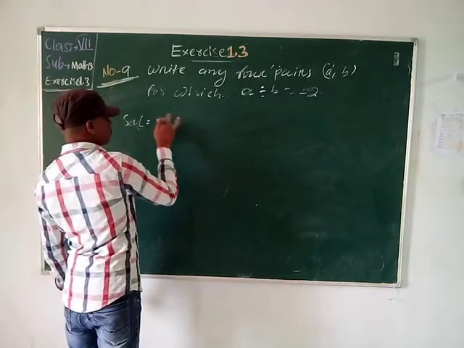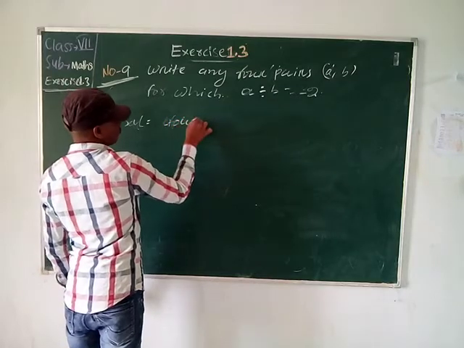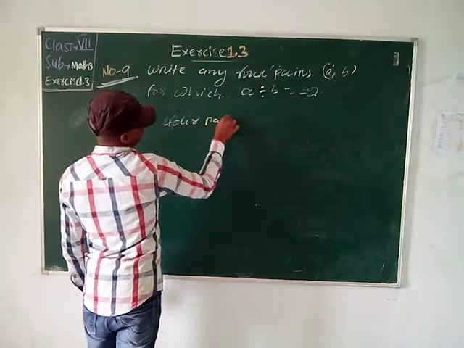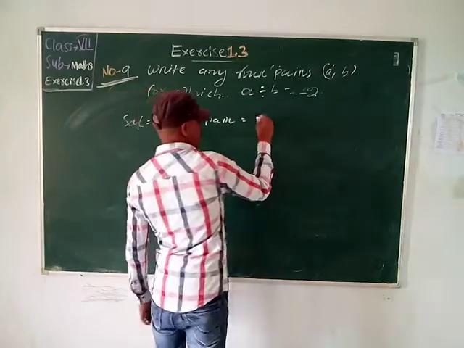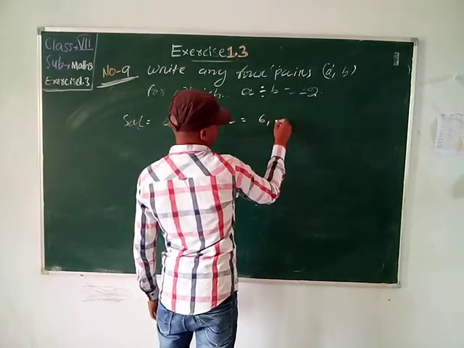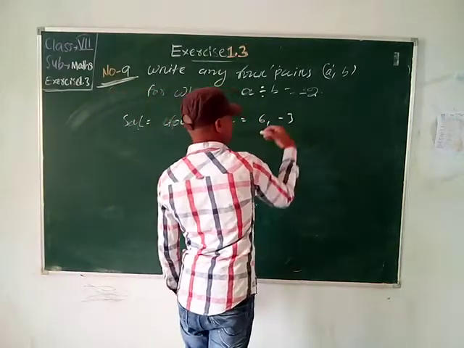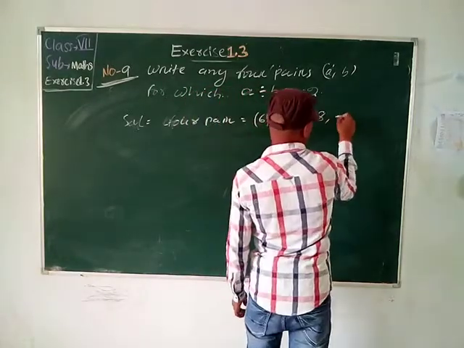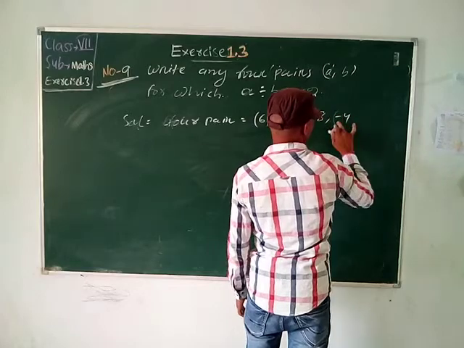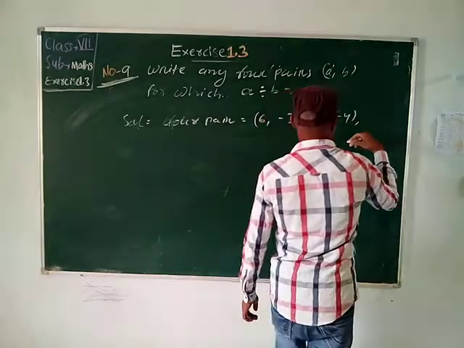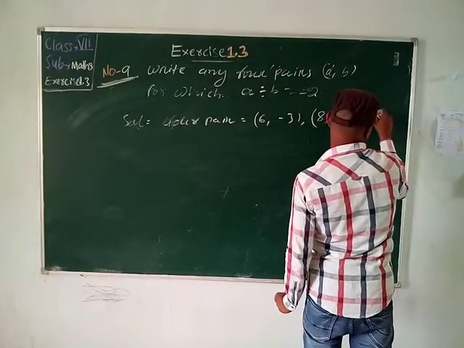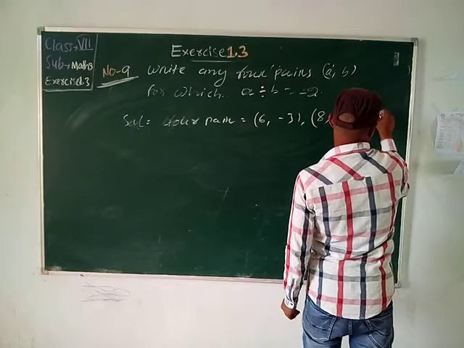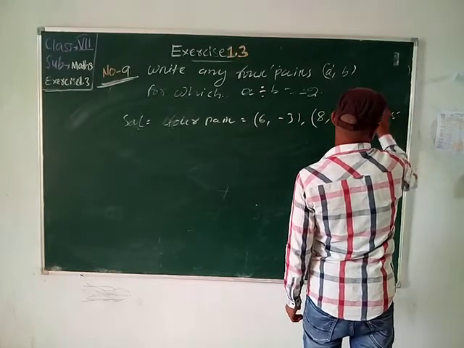The 4 pairs are: 6 and minus 3, the first pair; 8 and minus 4, the second pair; 10 and minus 5, the third pair.